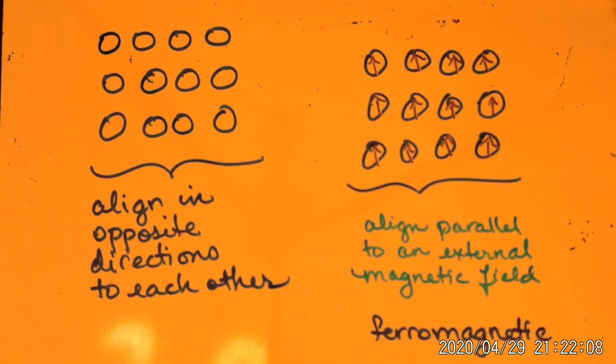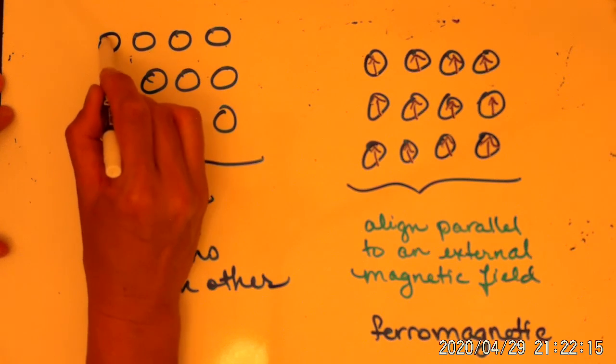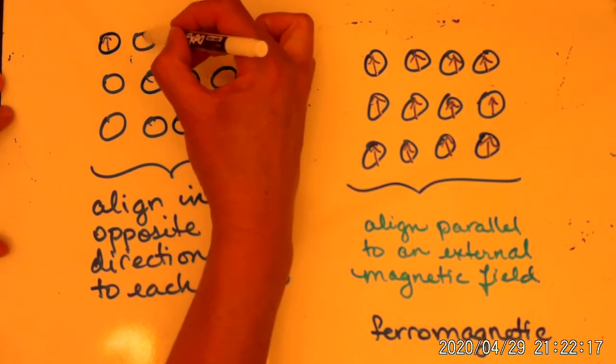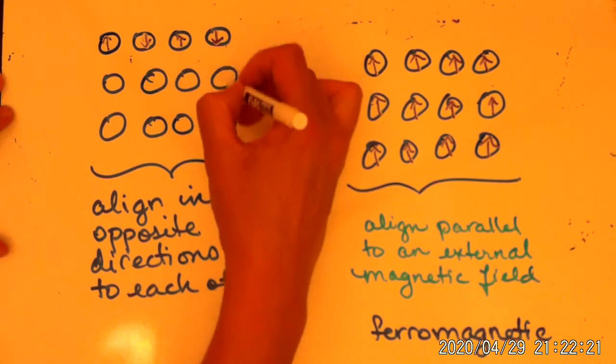In other words, when I put in my magnetic field, this one lines with my magnetic field, and then the next one lines against it. And that causes it to go up and down.